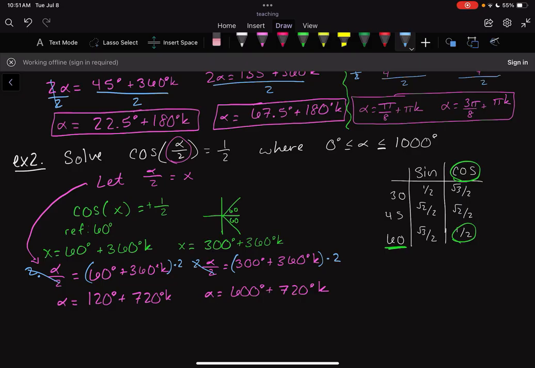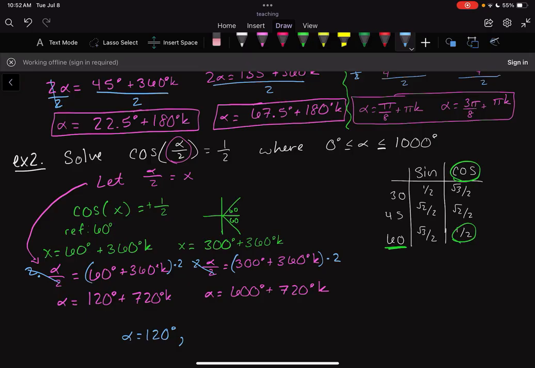And so I'm only going to deal with the interval at the end. So now I'm going to deal with it. It says that I only want answers between 0 and 1,000. So 120 is an answer between 0 and 1,000. And then it also says that if I add 720 to that, I get another answer.